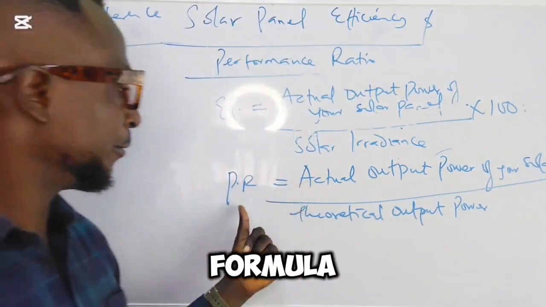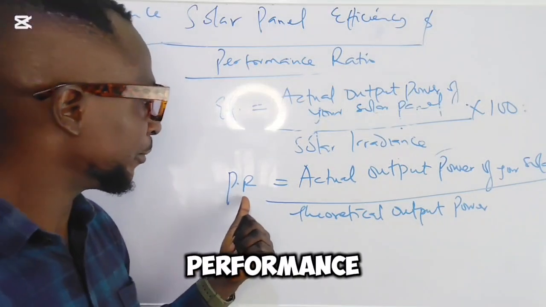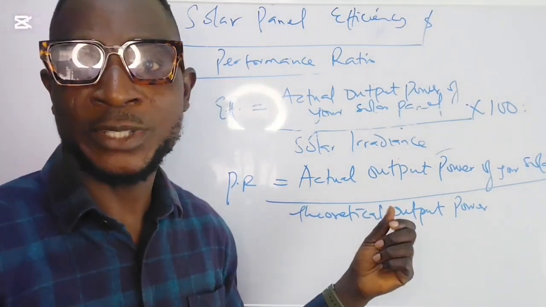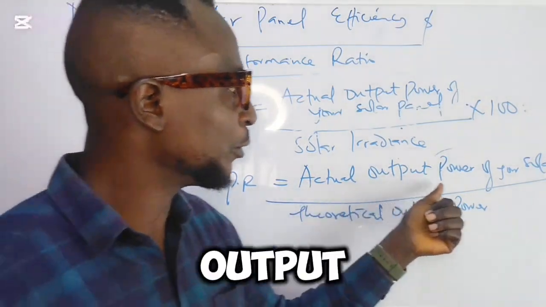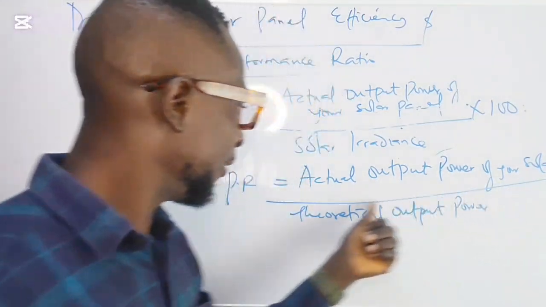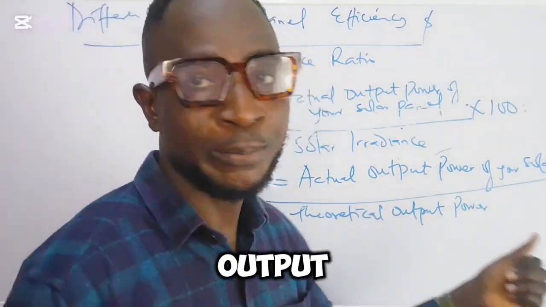So this is the formula for calculating the performance ratio of your solar panel. The actual output power of your solar panel over the theoretical output power.